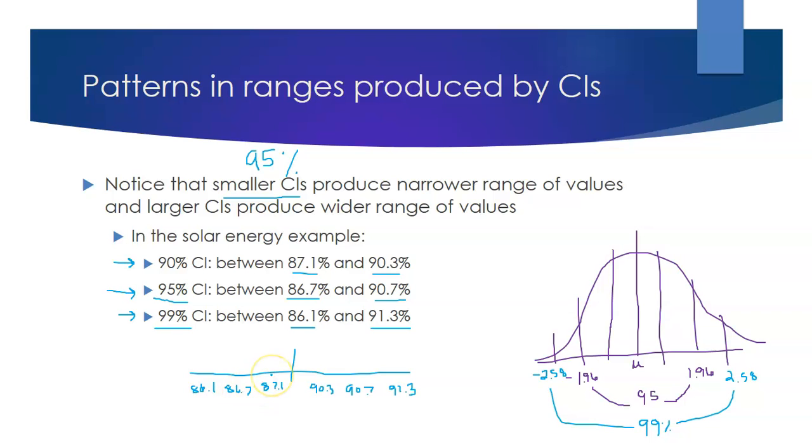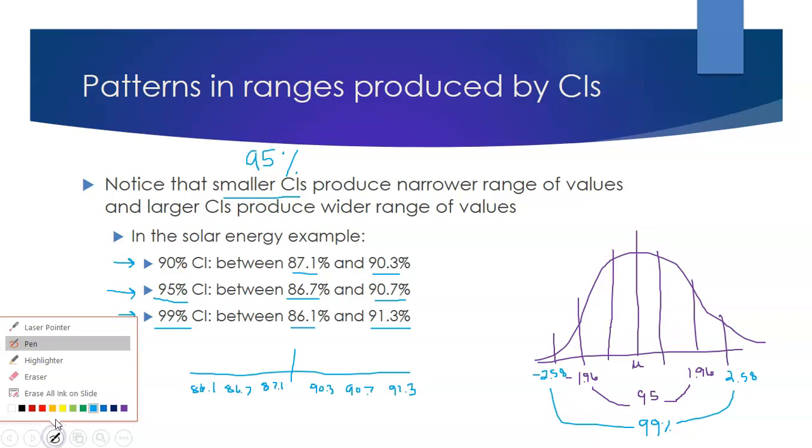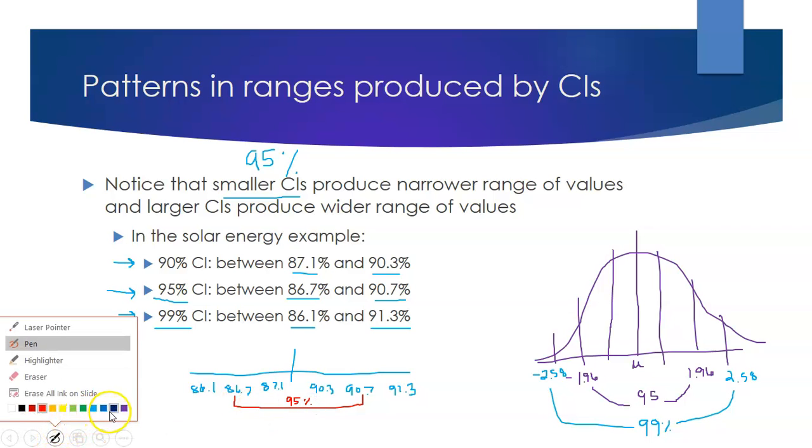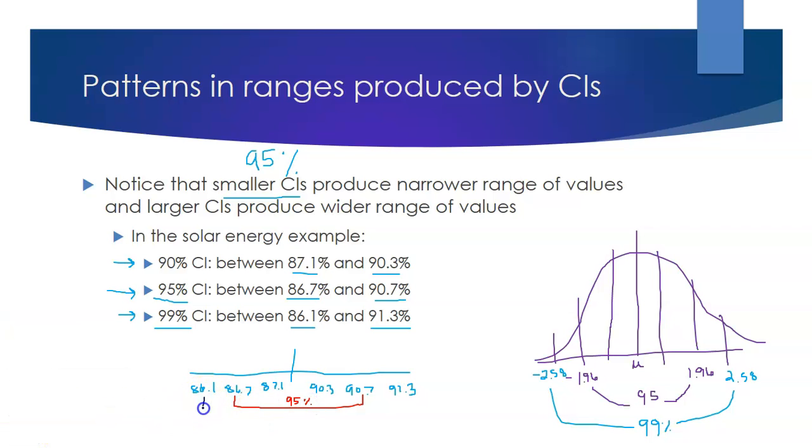We can think about this as 95% of our observations falling between these two values, and 99% of our observations falling between those two values.